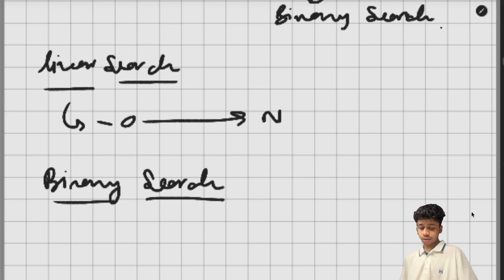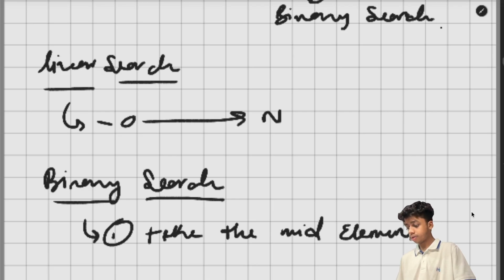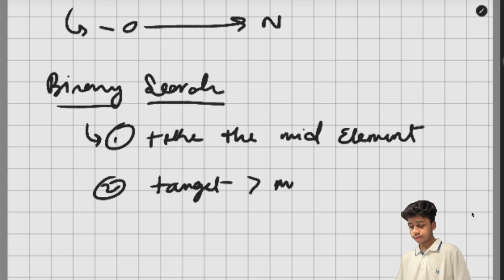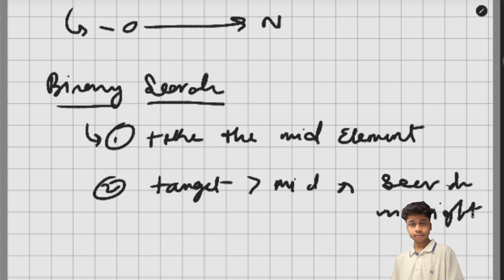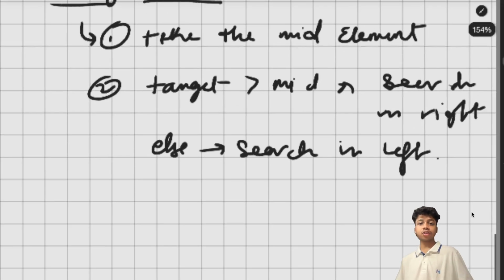we take an average. We take the middle element. Our first step will be to take the middle element. Then our second step: we check if our target is greater than mid, then search in the right, else search in the left.